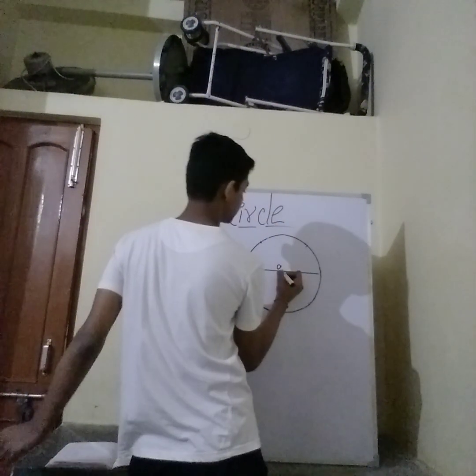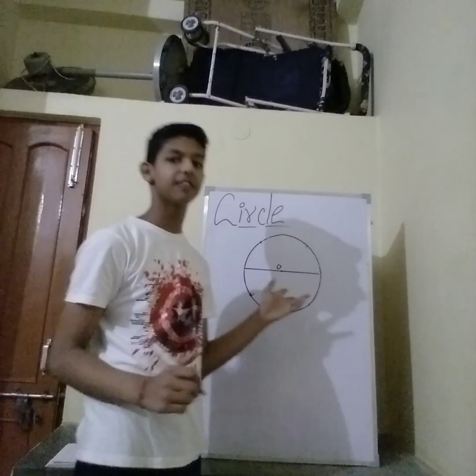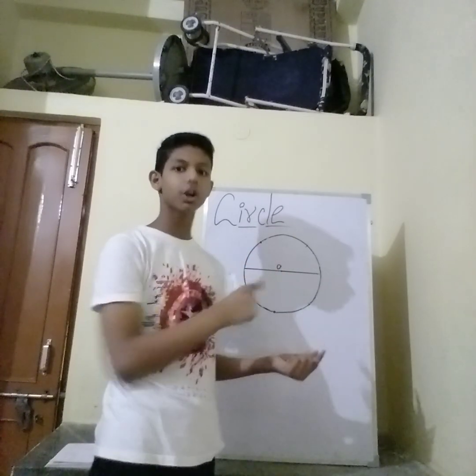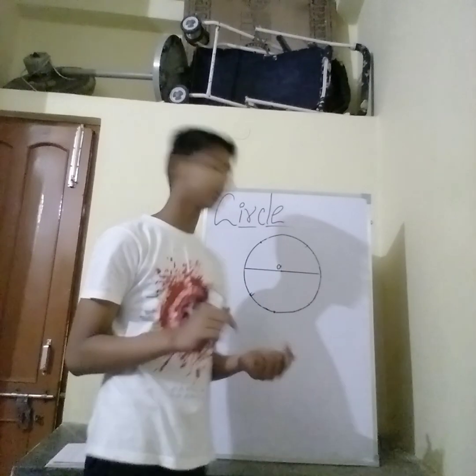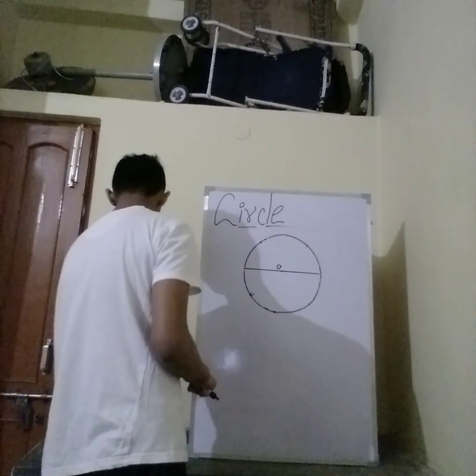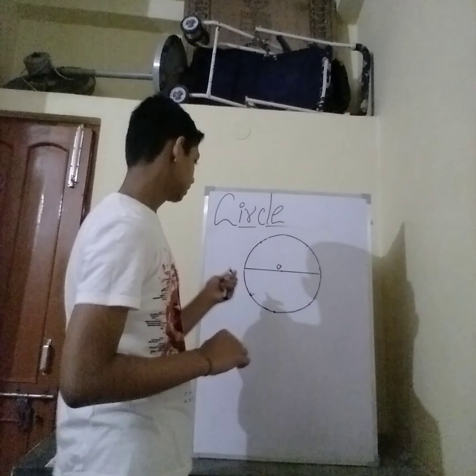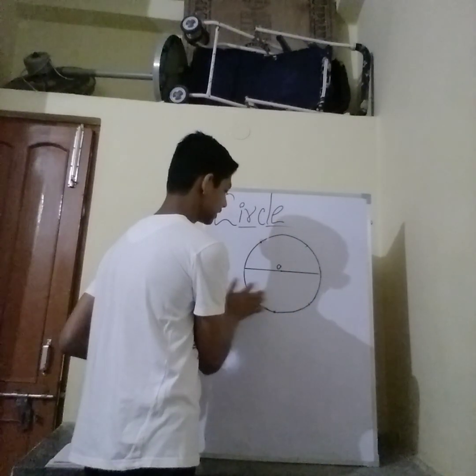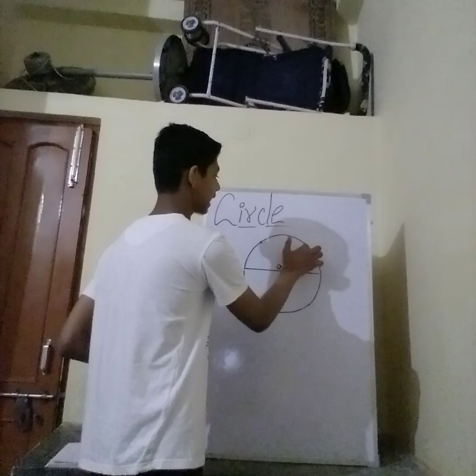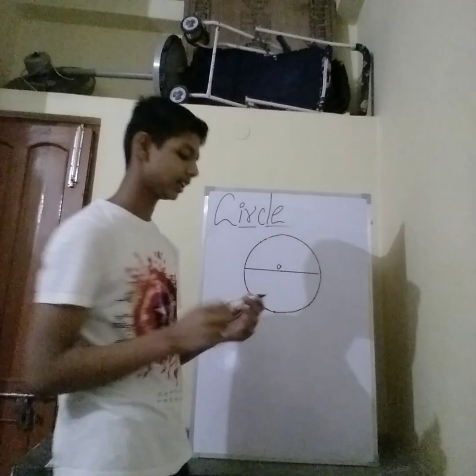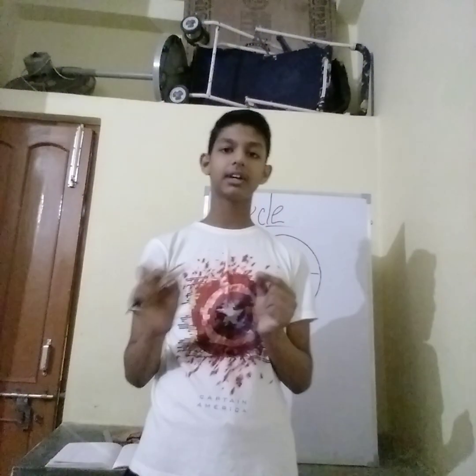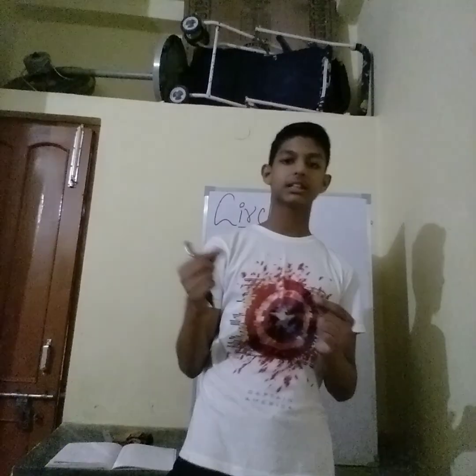If this point is the center, this is the diameter, and the diameter is dividing the circle into two equal parts. Each of the parts is called a semicircle. Now we will describe major and minor arcs. If the length of a given arc is less than the length of the arc of a semicircle, then we call the arc a minor arc, and otherwise it is a major arc.